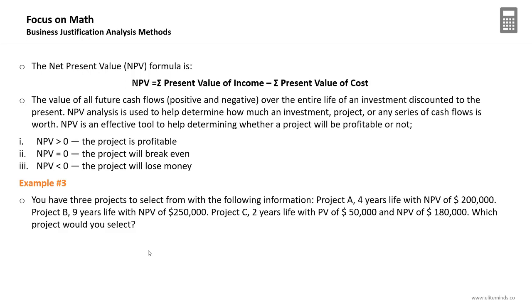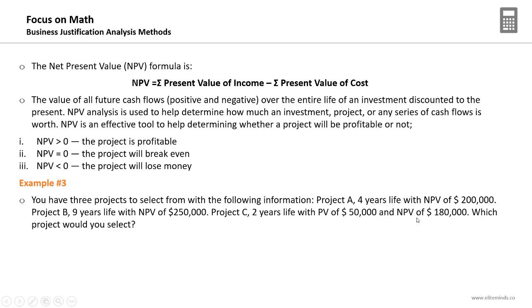So we have 3 projects. You need to look for the common given information of the 3 projects. For the first project, number of years and NPV. For the second project, number of years and NPV. For the third project, number of years, PV and NPV. So you just need to ignore the present value here, as I don't have the present value of other projects. You should also ignore the number of years. Why?